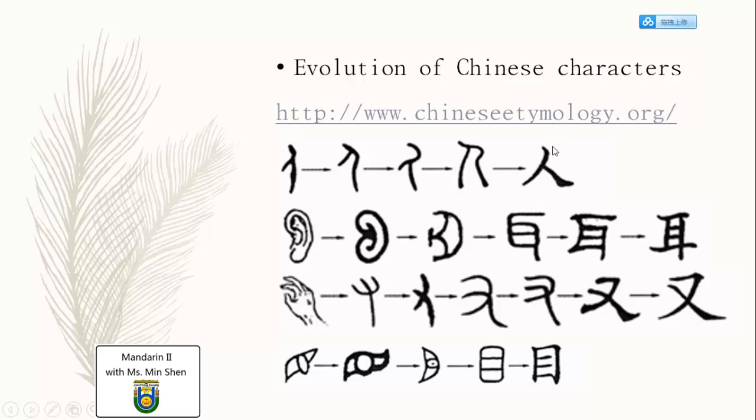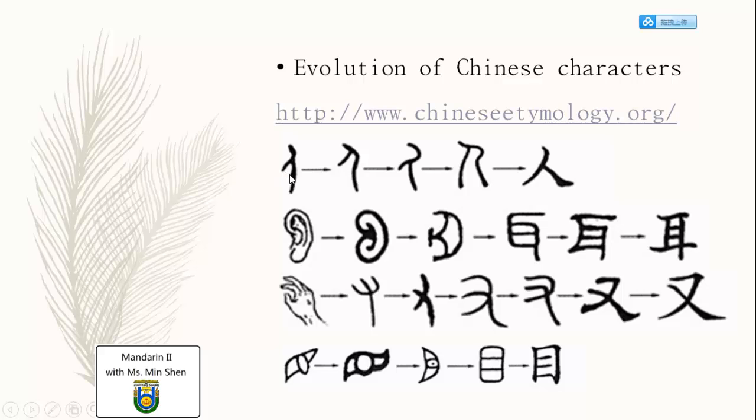At the end, these are today's characters. The first one is 人, and the original form is a picture of a person, but it's the side view of a person. So you can see this is the head and the back and the leg, and this is the arm in front of the body.